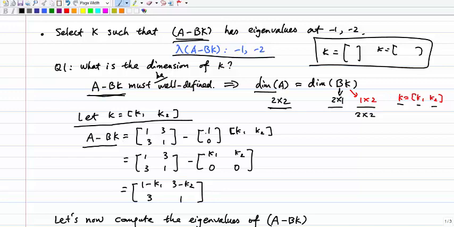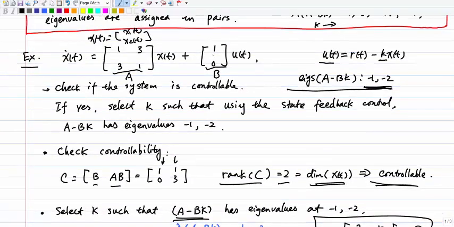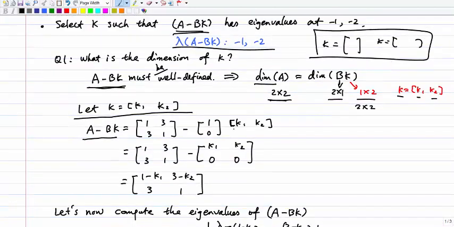B, go back here, B is 1, 0, and K is k1 and k2, 1 by 2. So do the product. The first one keeps the same. The second one: 1 times k1 is k1, 1 times k2 is k2, 0 times k1 is 0, 0 times k2 is 0. Then put them together. This is A minus BK.